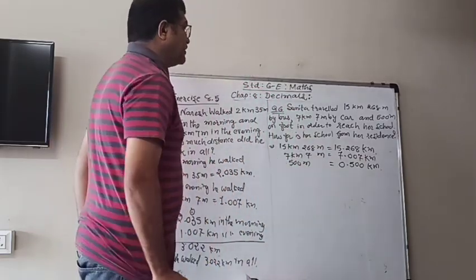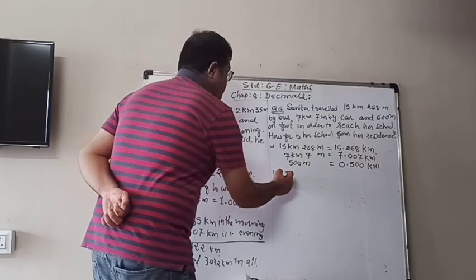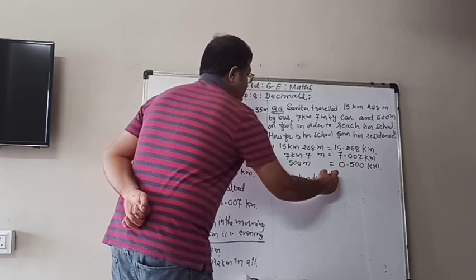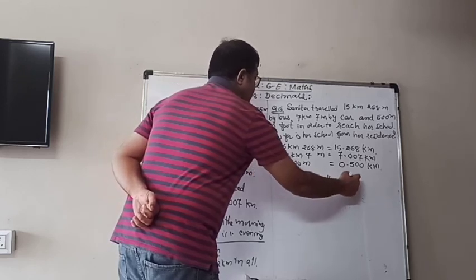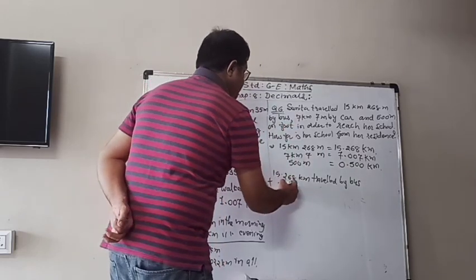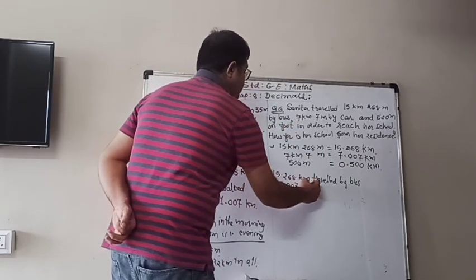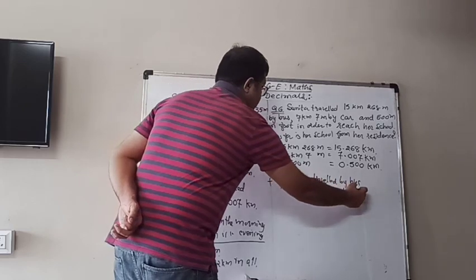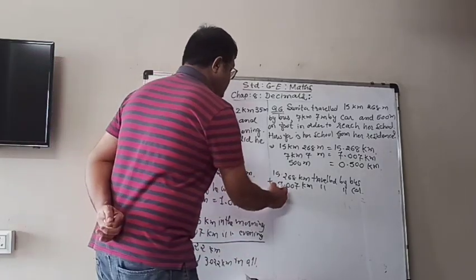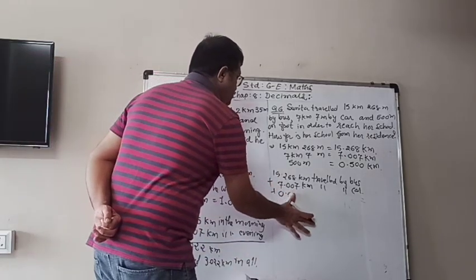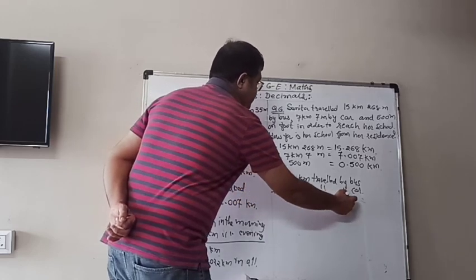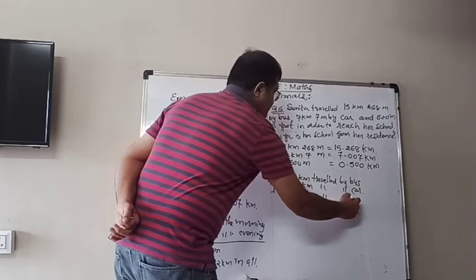So now we have to add them. 15.268 kilometer traveled by bus plus 7.007 kilometer traveled by car, and the last 0.500 kilometer traveled on foot.